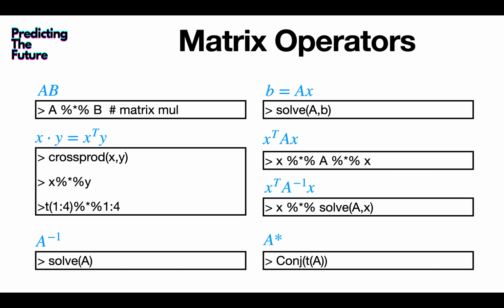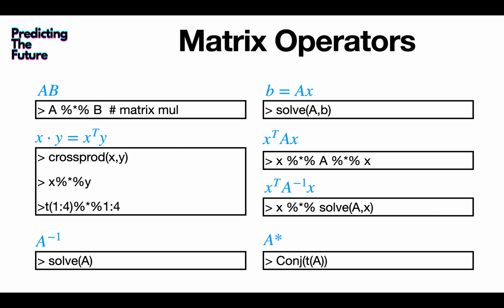For the inverse, trying to find the inverse of matrix A, we use a function called solve. We'll see why solve. But here solve A means we're trying to get the inverse of A. Linear functions: B equals matrix A times vector X. If you try to solve this linear function, trying to get the value of X, that is the same using the solve function.